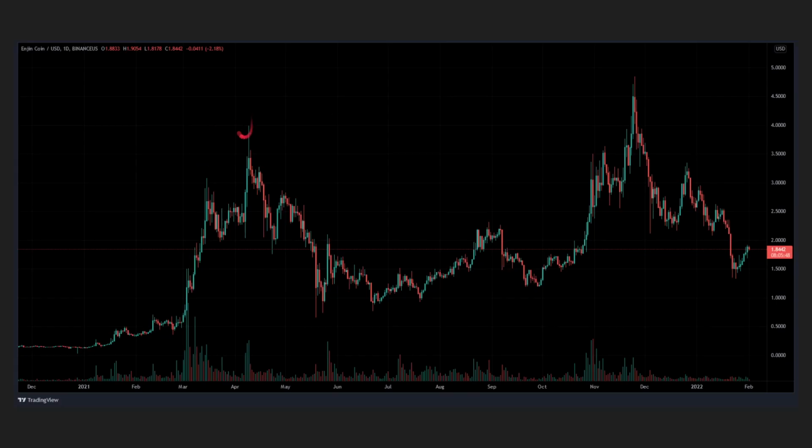Engine really peaked out in early April, as we saw, and really came down into late May, June, and late July, correlating with the rest of the market at this point. And then overall throughout Q3 and Q4 did see uptrends and did reach a new all-time high of almost $5 per Engine token, and has subsequently fallen with the rest of the market into late November, December, and early January 2022.